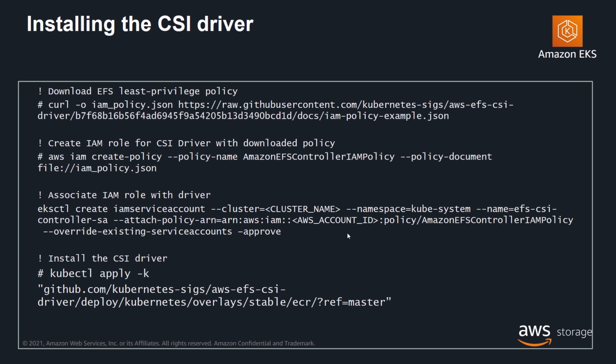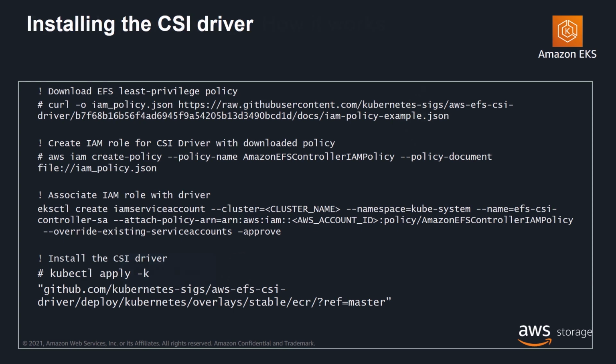We recently announced dynamic provisioning, and the reason we did that was our customers were telling us that there was a lot of work to set up to initially provision their cluster and create persistent volumes. They wanted the EFS CSI driver to do that for them, and that's what dynamic provisioning does.